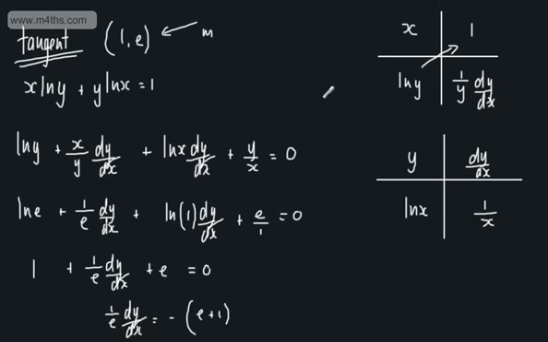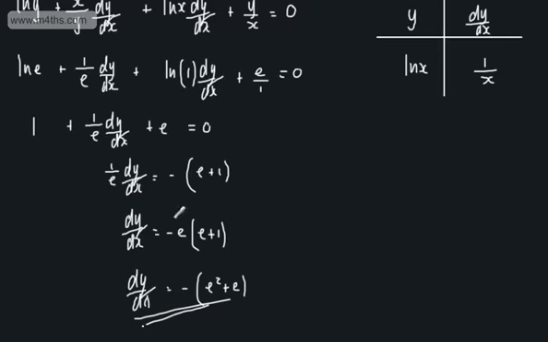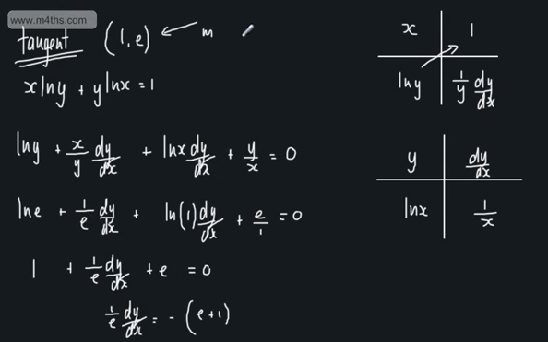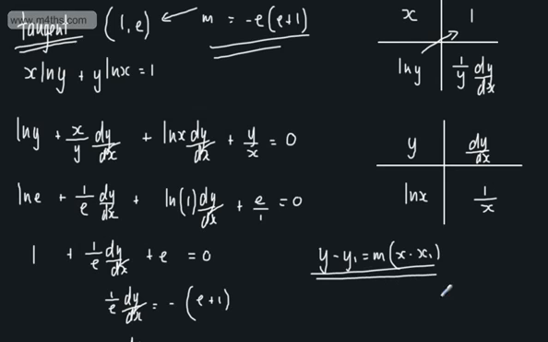So we want an equation for the tangent to this curve at the given point. So we've got now our gradient, and our gradient is minus e multiplied by e plus 1. Okay, so let's go ahead and just sub this in. Straight line equation, y minus y1 is equal to m the gradient, x minus x1. Use y is equal to mx plus c if you like.